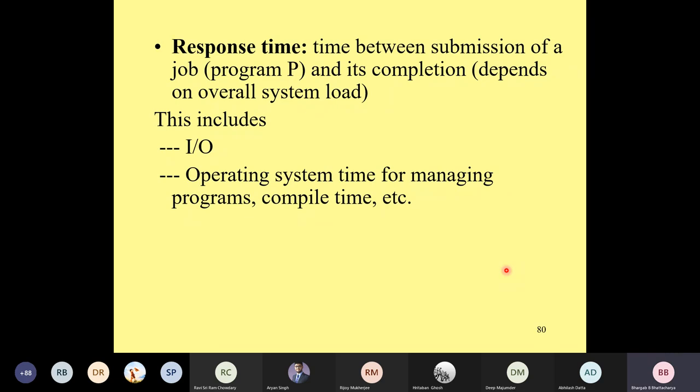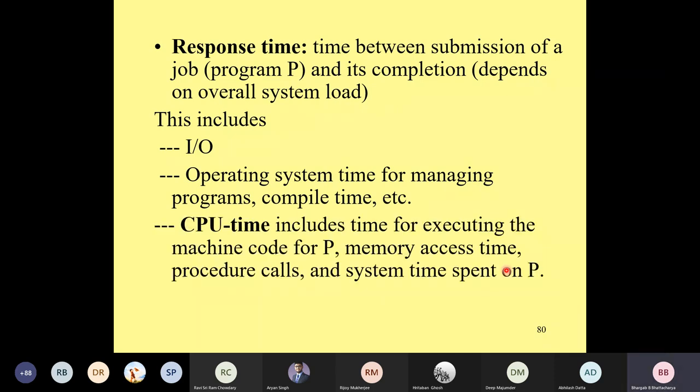And other system software that is necessary to manage your programs. And it also includes what is called the CPU time. So response time includes CPU time plus some additional overhead due to OS and compilation and so on.